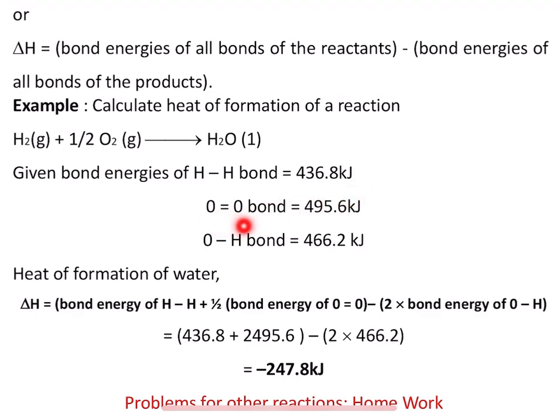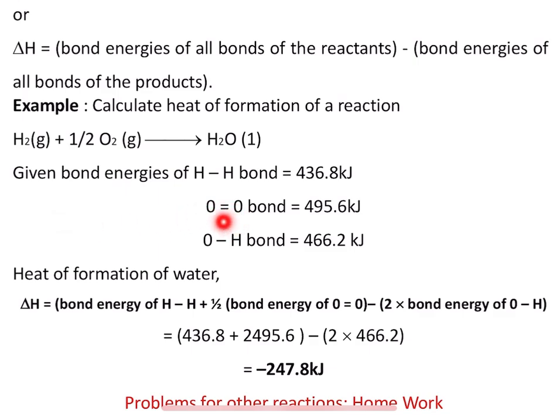And the oxygen double bond, O double bond O, has a bond energy of 495.6 kilojoules, and the oxygen hydrogen bond has a bond energy of 466.2 kilojoules. This is the given information along with this reaction.